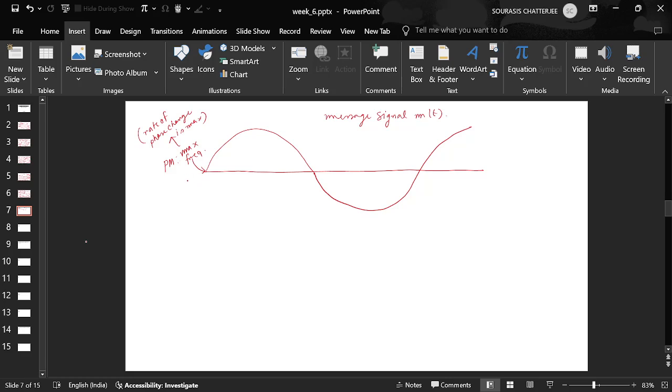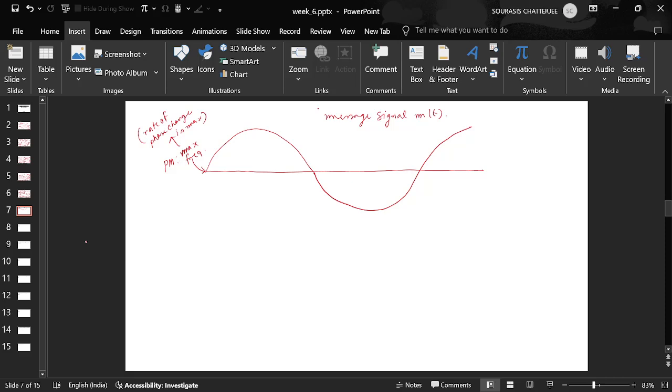Remember, this is for the phase modulated signal. This is where the phase is changing from negative to positive, and the rate of phase change is maximum. Since the instantaneous frequency of a phase modulated signal is nothing but the gradient of the instantaneous phase, the instantaneous frequency is going to be maximum when the rate of change of phase is maximum. So that is why the instantaneous frequency is maximum here for the phase modulated signal.